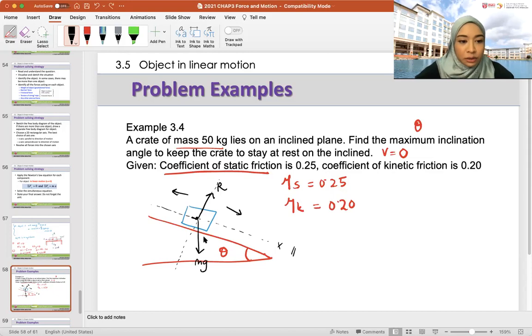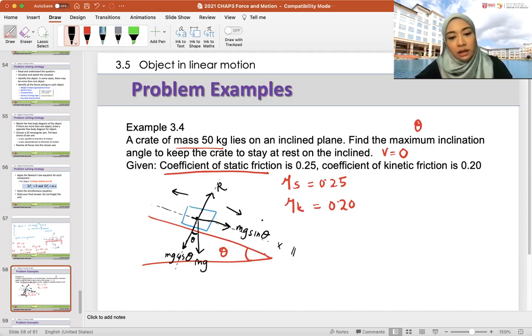Sebenarnya betul, it's from gravitational force, but if we try to resolve our gravitational force, it would be mg sine theta over here. This would be our theta, and this would be mg cosine theta. So from our gravitational force, we have mg sine theta pulling the box. That is from the gravitational force.